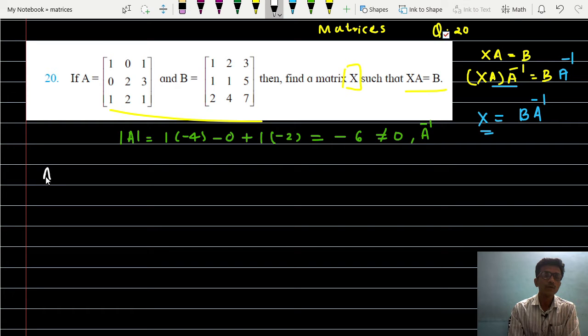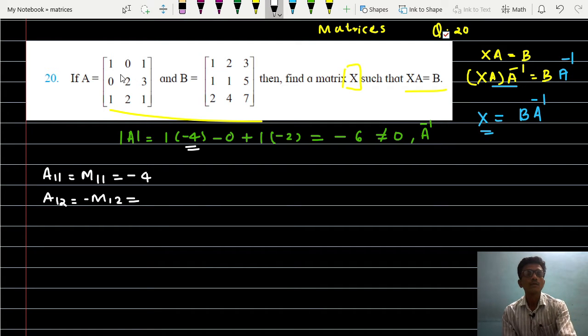A11 is equal to M11, which is minus 4. Then A12 is equal to minus of M12. Leaving the first row and second column, the remaining elements are 0, 1, 3, 1.